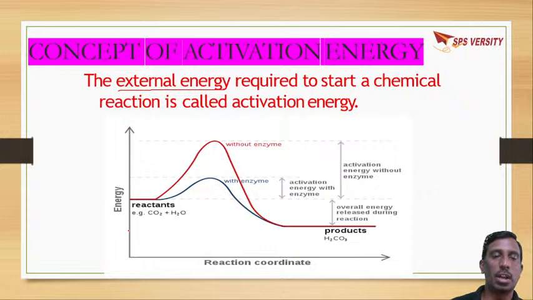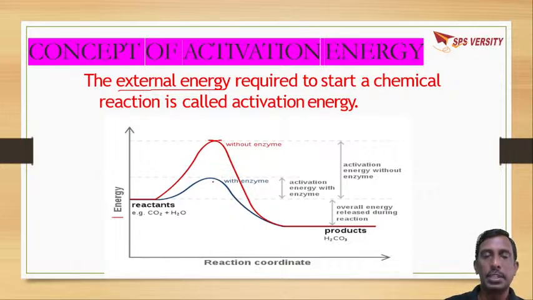If you look at the graph, this is energy. This is reaction coordinate. Here, in this graph, this is activation energy. When there is no enzyme, it is very high, at its peak.